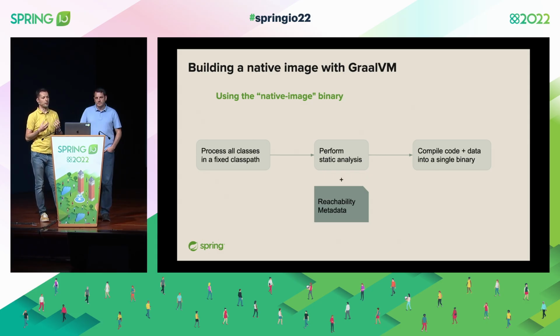And once all the analysis is performed, it compiles all the reachable code and classes into a single native image. That's code and data in a single binary, and that's what you can execute on your target deployment.